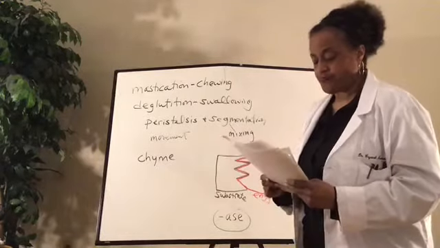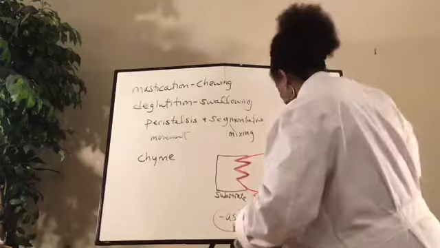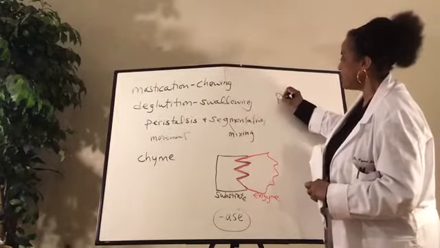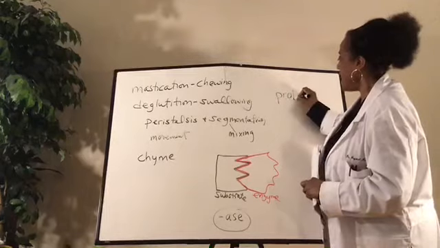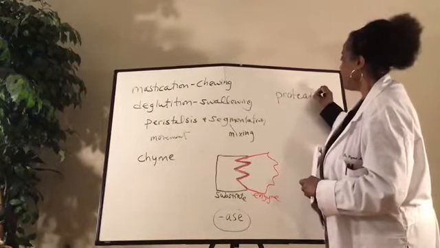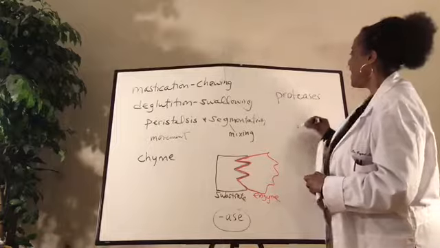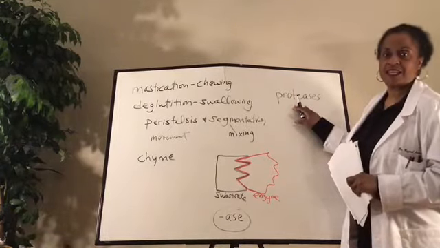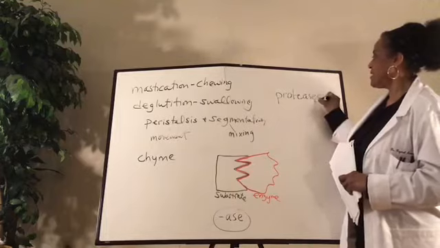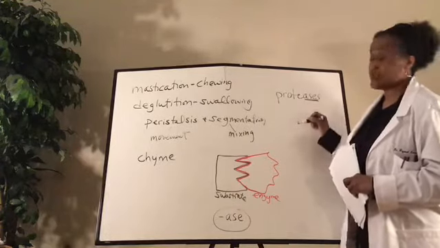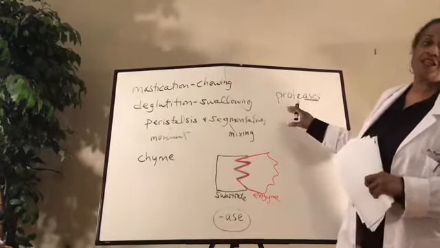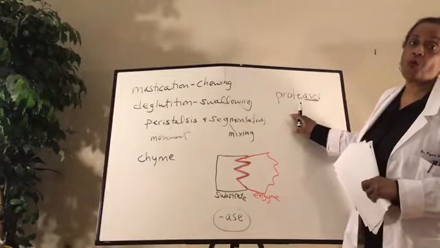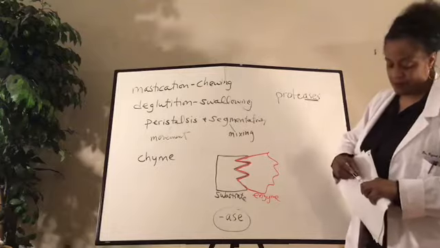Let's go on. Even though I want you to use context clues, you're on the exam and you see this word and it asks you, does this enzyme, and you know it's an enzyme because it ends in ase, break up fats, carbohydrates, or what?